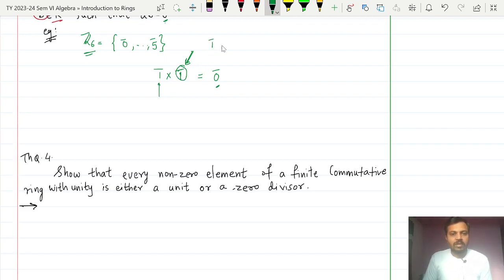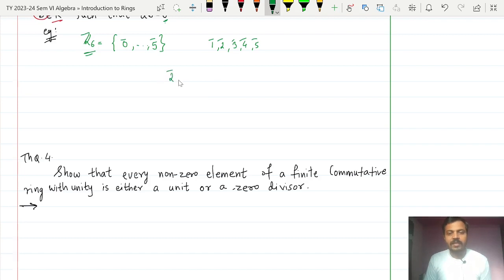So the non-zero elements that we know are 1 bar, 2 bar, 3 bar, 4 bar and 5 bar. So 1 bar multiplied by 2 bar will be 2 bar, 1 bar multiplied by 3 bar will be 3 bar, 1 multiplied by 4 will be 4 bar and 1 multiplied by 5 will be 5 bar. So we do not get 0 here. So it means that 1 bar is not a zero divisor.